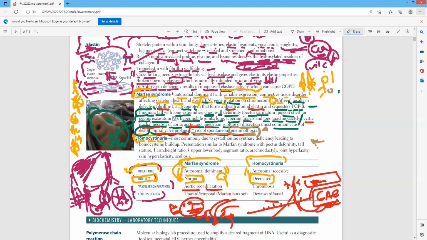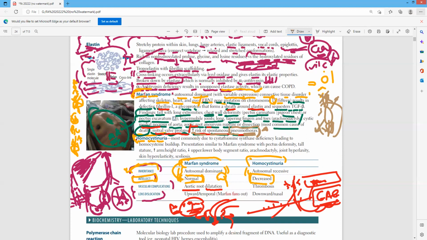For homocystinuria, we will see that. But before we see homocystinuria, I want to show you the lens, where we have that elastic protein. Because it is defective, the lens of the eye may drop away, and this is called ectopia lentis.